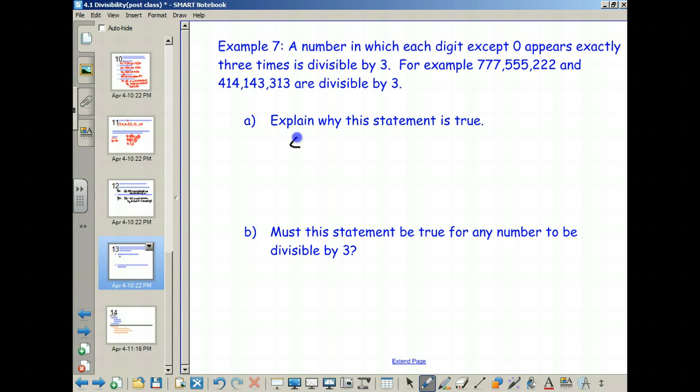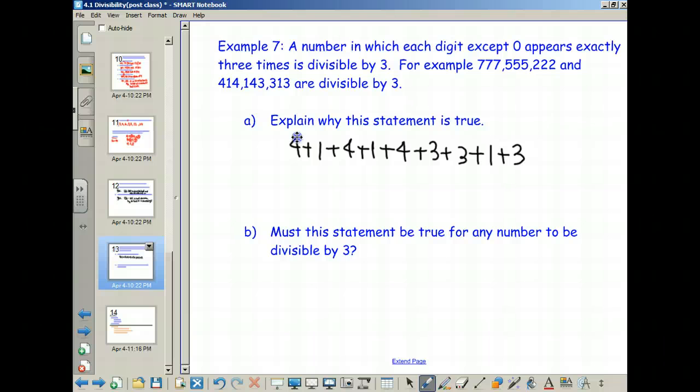So if I added up 4 plus 4 plus 1 plus 4 plus 1 plus 4 plus 3 plus 3 plus 1 plus 3. You can regroup these, right? That commutative property, so we could actually make it look an awful lot like it did on the 777555222.